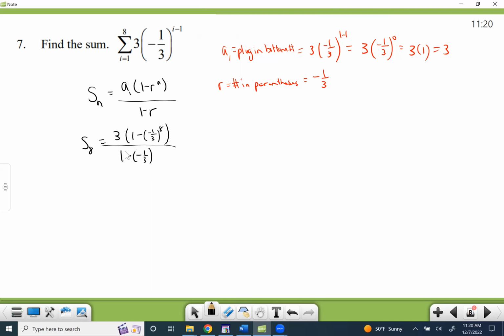Number one mistake is people don't put the minus minus. You got to have the minus minus because there's a minus from the formula, and r is also negative. All right, so let's get the sum of the first 8 terms. The first thing I got to do is get -1/3 to the 8th.